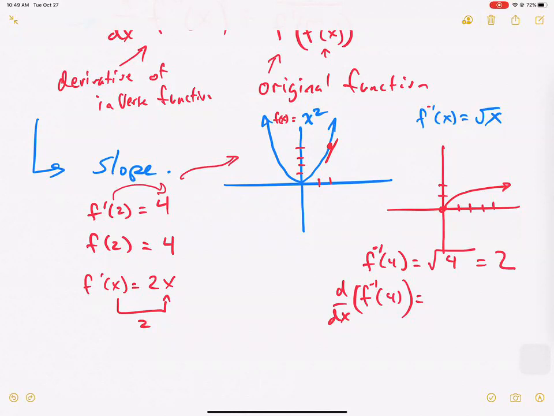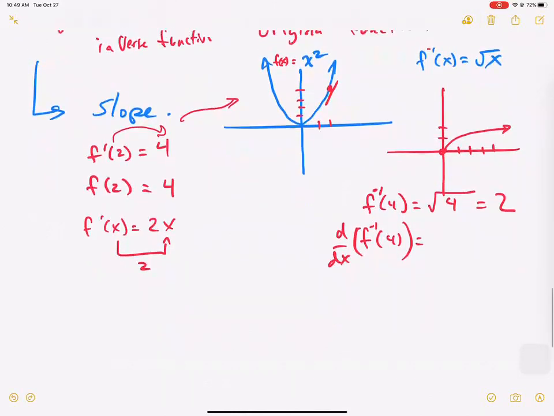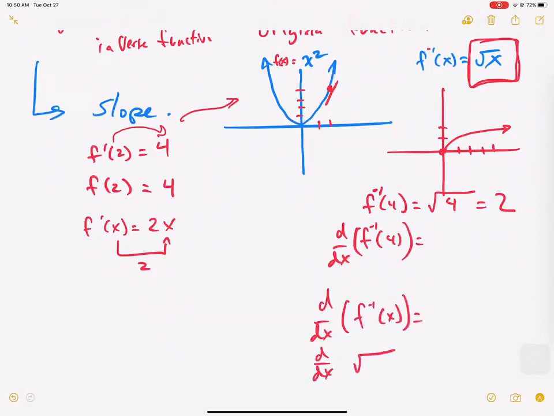So what is the derivative of the inverse function? Go ahead and take the derivative of this guy. What is the derivative of f inverse of x? What's the derivative of the square root of x? Hopefully you can do that pretty quickly.